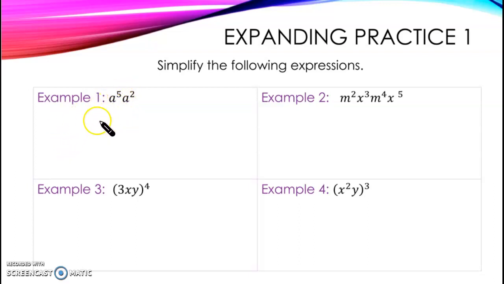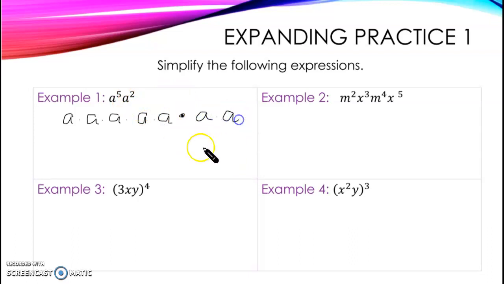So for example, a to the 5th power is a times itself 5 times. And then that is being multiplied by a to the 2nd power. I'll kind of make a bigger separation here, bigger multiplication symbol there. A to the 2nd power is a times a.